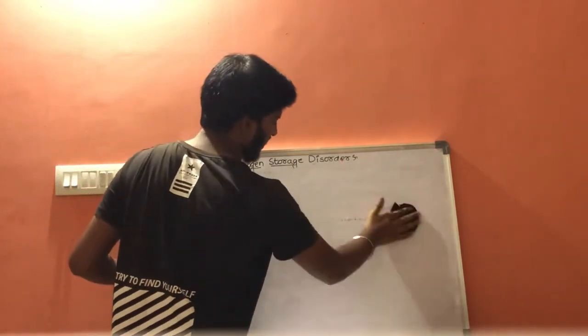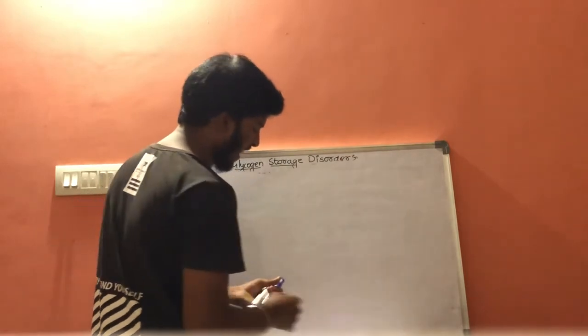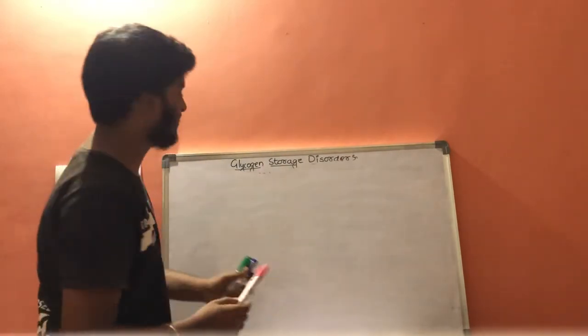The next, fourth type, is type 4, Andersen's disease.